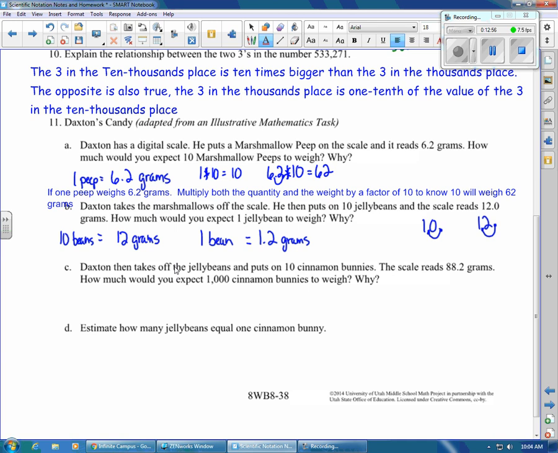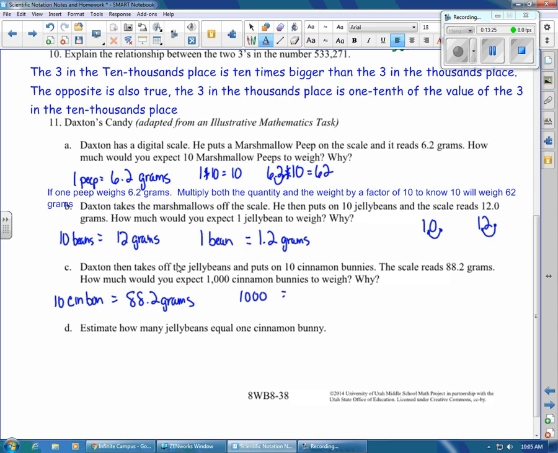Okay, so Jackson takes off the jelly beans and puts on 10 cinnamon bunnies. So 10 cinnamon bunnies, we're going to call them 10 sin buns, is going to weigh 88.2 grams. Now he's saying, how much would you expect 1,000 cinnamon bunnies to weigh and why? So let's think about this.